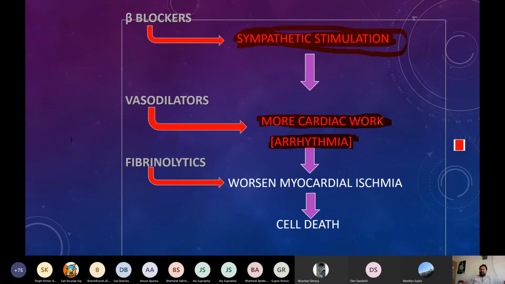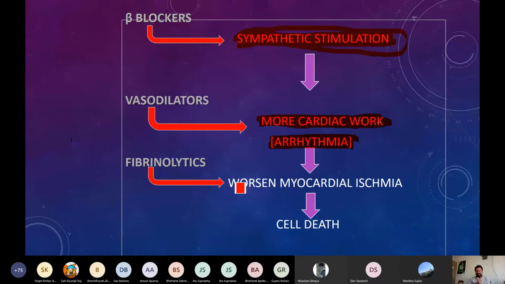Then to prevent further ischemia, to stop the evolving infarction, or to limit the infarction size, we can use fibrinolytic drugs.